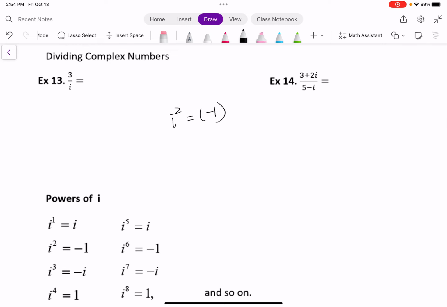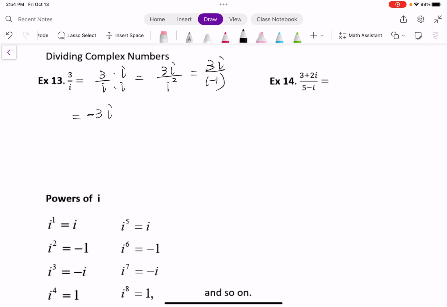So if I can have i squared at the bottom, there's no i at the bottom. How about I multiply by i, top and bottom. The top I have 3i. What is the bottom? i squared is -1. So 3i over -1. This is 3i, but this is negative.